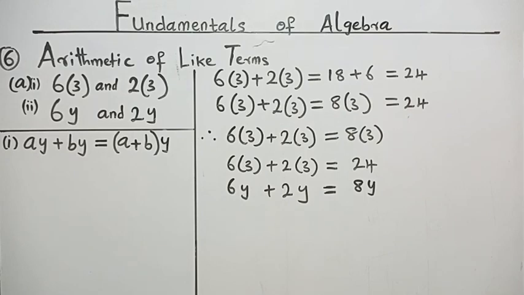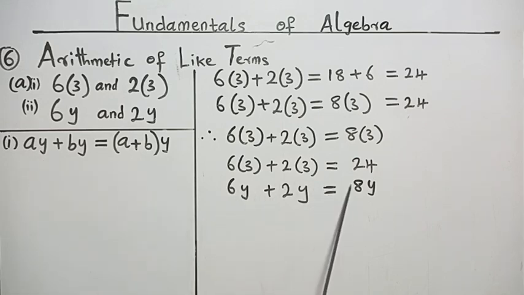And here comes the summary, which in turn is called the law of addition of like terms. Let this 6, which is a constant, be A. Let this 2, which is also a constant, be B. But as you can notice, both of them contain y. Y is here, y is here. Likewise, y is here, y is here. So let 6y be Ay, and let 2y be By.